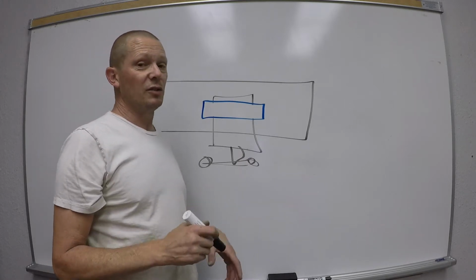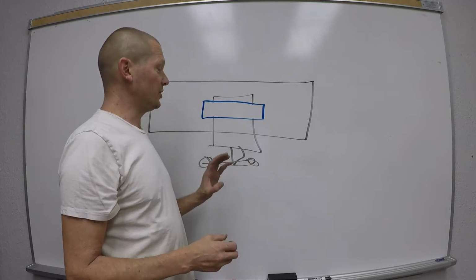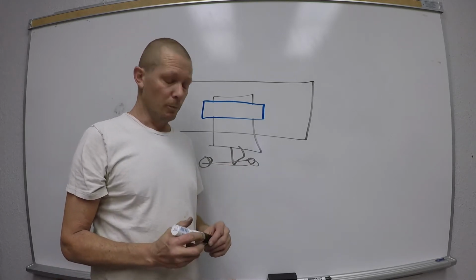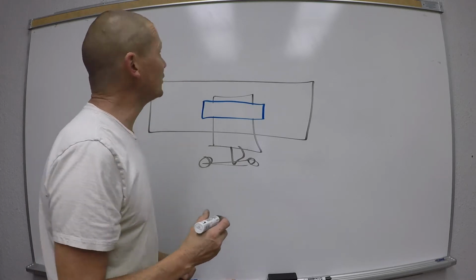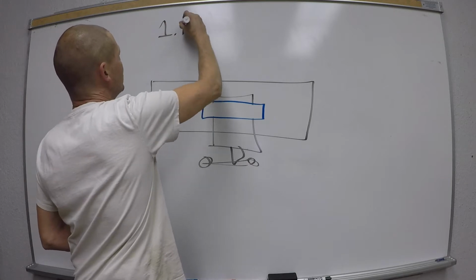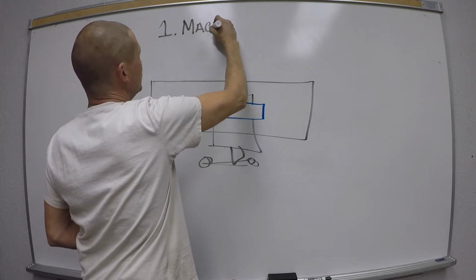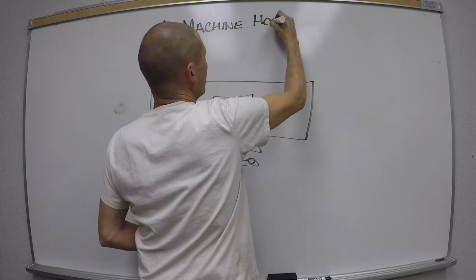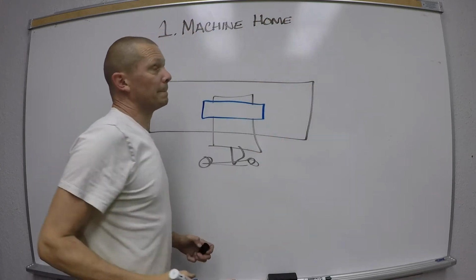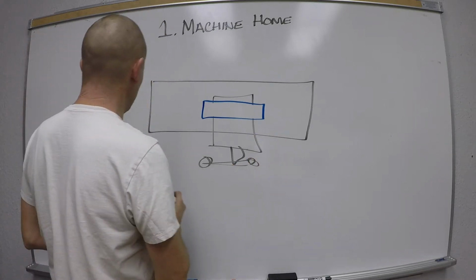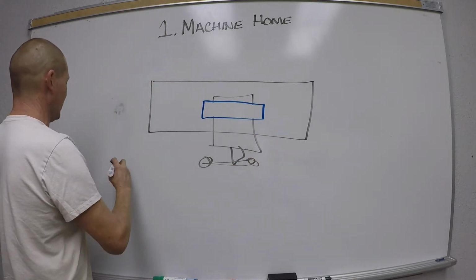So the very first thing we need to do on the CNC machine itself is send it to what they call home. So number one thing is we need to send it to machine home. And machine home on most machines is down in the lower left-hand corner.